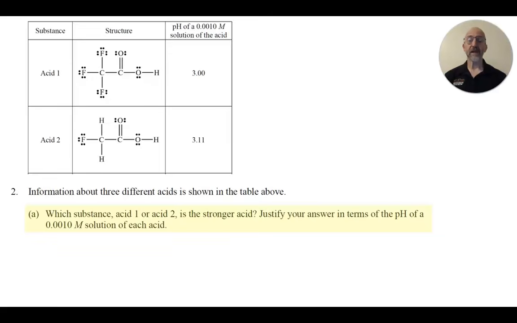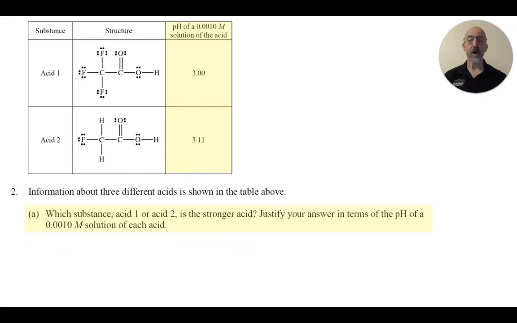Now, if you've already studied how pH works, you know that the lower the pH value is, the higher the concentration of the hydronium ion in solution, but I will go ahead and do those calculations just to be sure. So if we're trying to figure out the concentration of the hydronium ions, and we know the pH, the concentration of the hydronium ions is going to equal 10 to the minus whatever that pH value is.